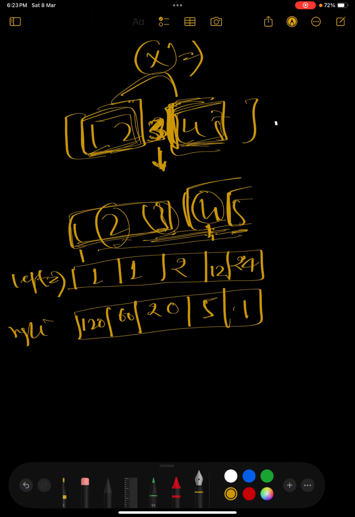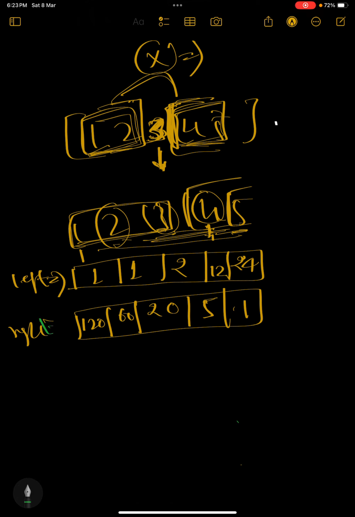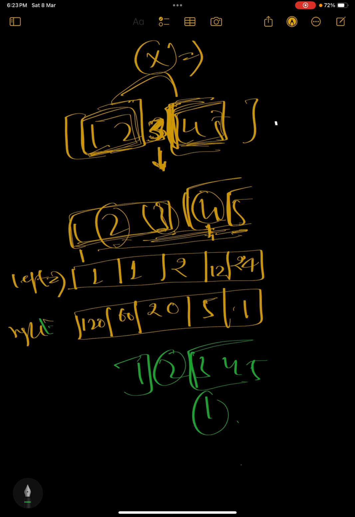I hope you understand what I want to say. As you can see, for 1 2 3 4 5, I want the product of all left and the product of all right, and then we can simply multiply those. For 3 I need the multiplication of all left elements and all right elements, so that I can multiply later.